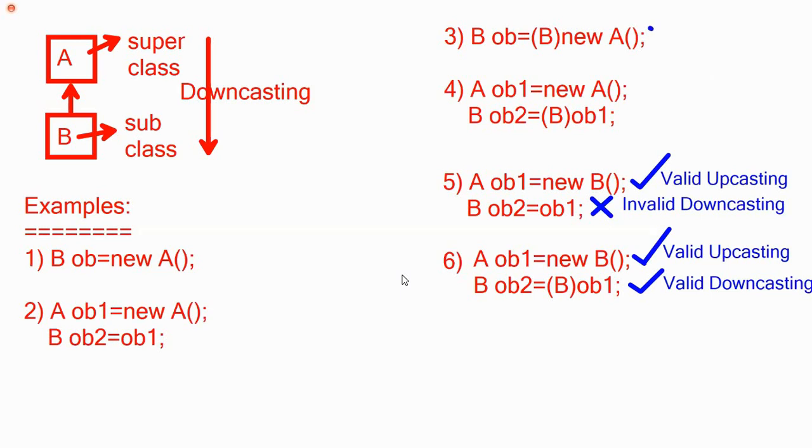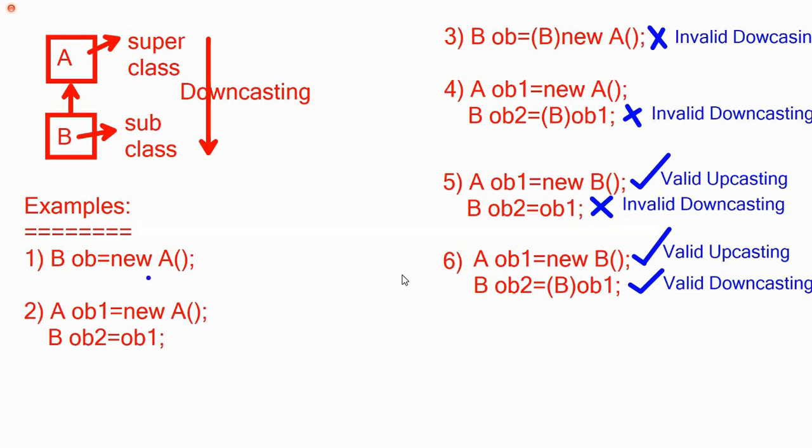That's why these are all invalid. Invalid downcasting. Reason: there is no upcasting.